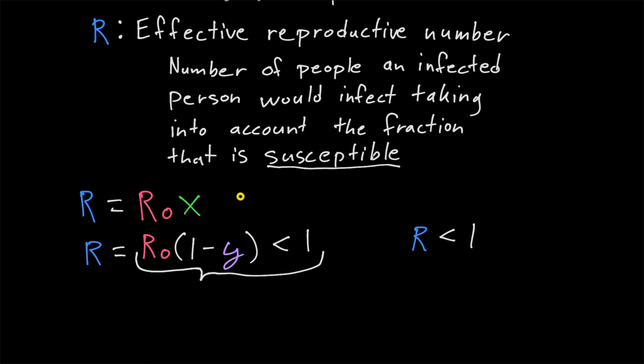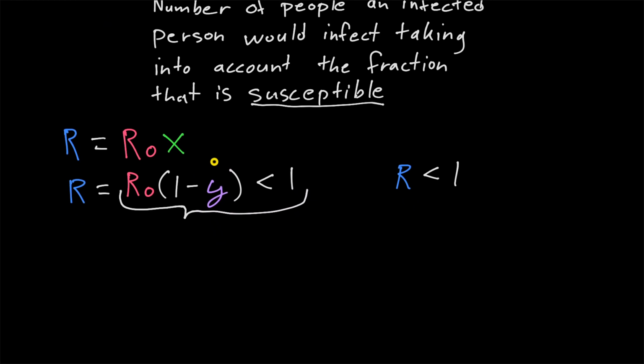Now let's have a look at this equation, and let's rearrange it to solve for Y, the fraction of the population that is immune to infection. Let's divide both sides of this inequality by R naught, the basic reproductive number. What you're going to end up with is 1 minus Y is less than 1 over R naught.